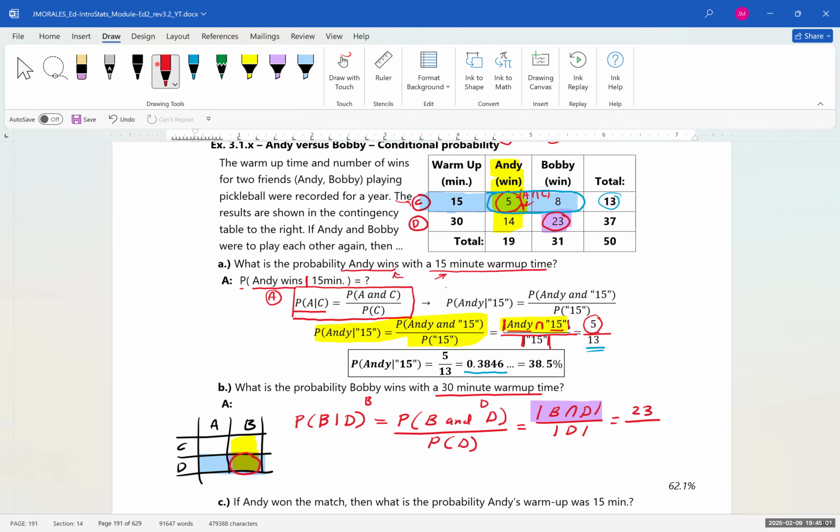And the order of D, which is our 30-minute warm-up, is 14 plus 23, which is 37.